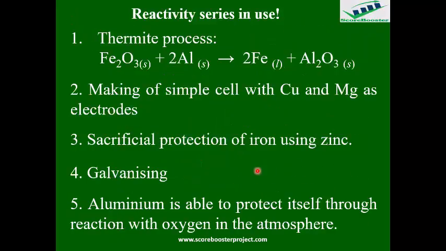Now, let us see if we can actually have any application for the reactivity series. Number one is the thermite process. On a railway line, when there is a broken line, we want to fix it.